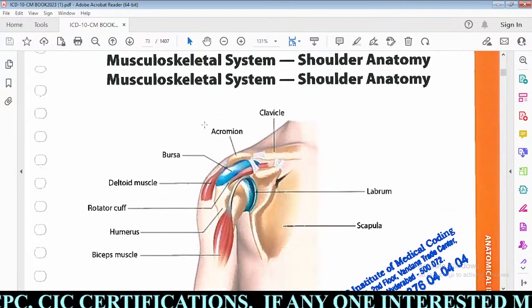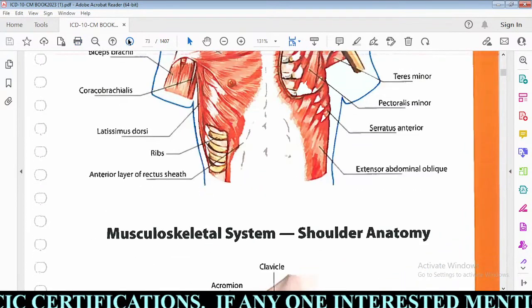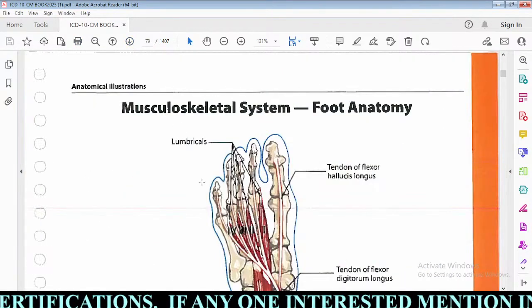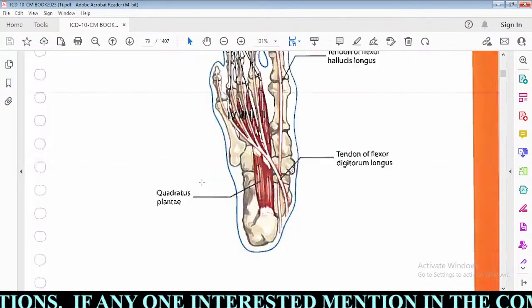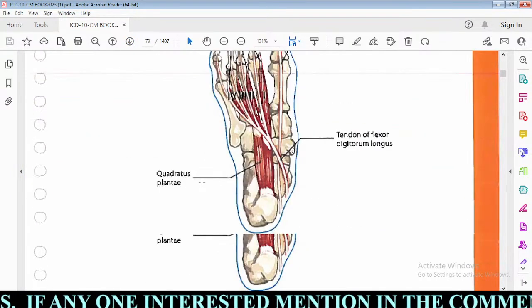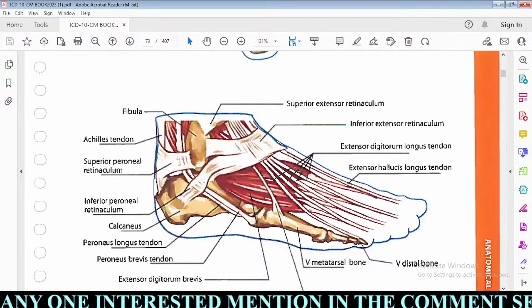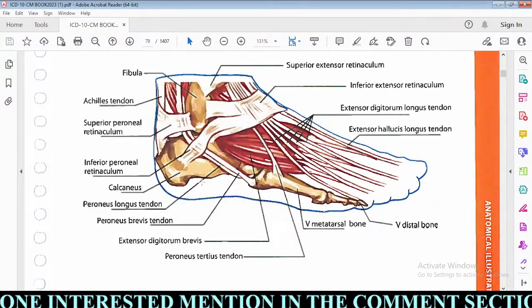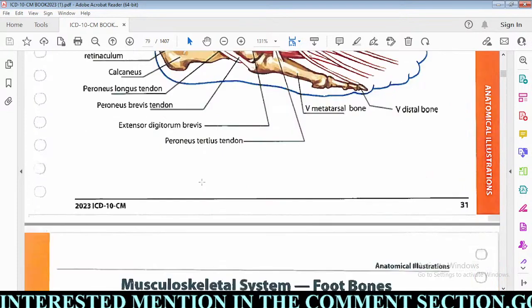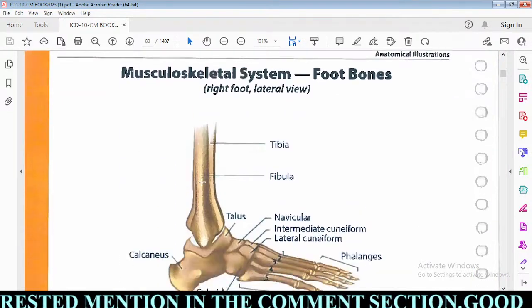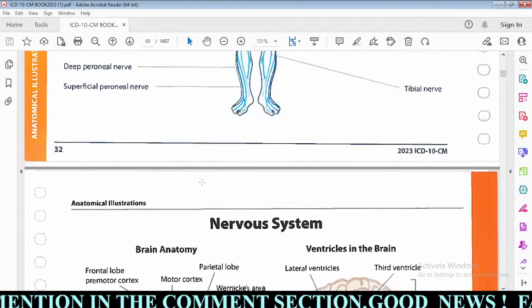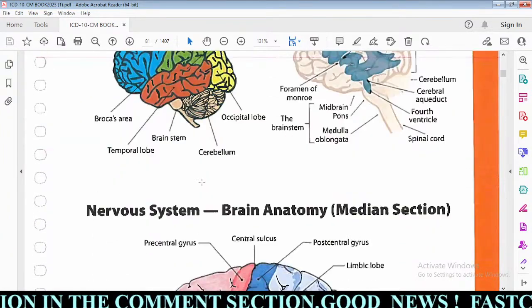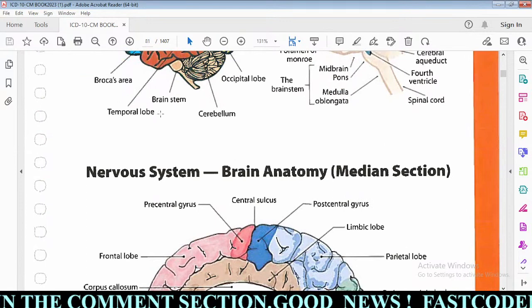Here is musculoskeletal foot anatomy. If you don't know the foot anatomy, you can check here. These are the bones. Then the nervous system; you need to check all these things.